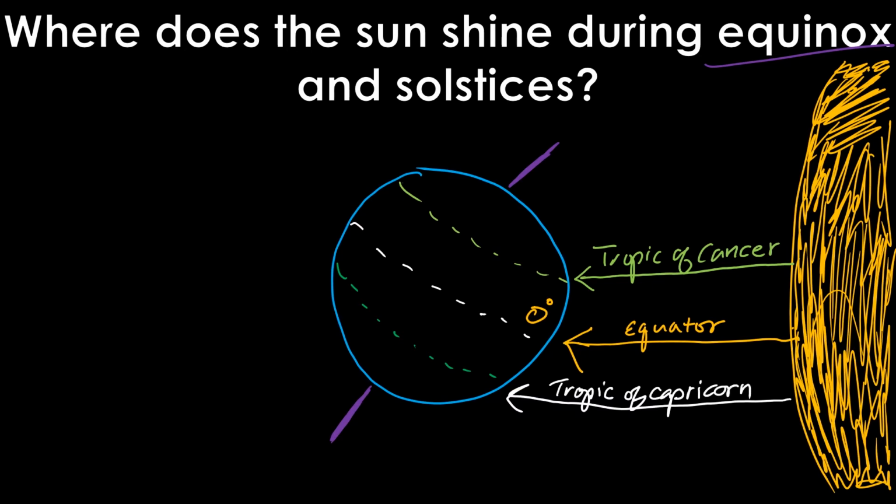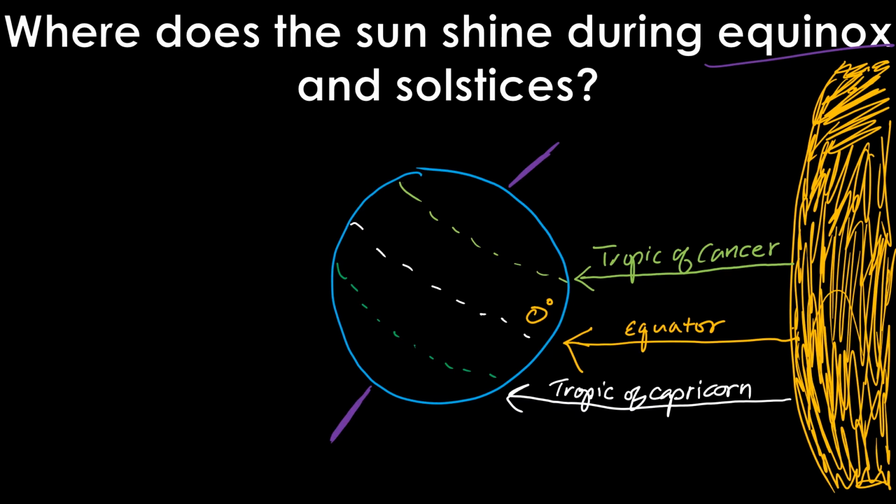What's really interesting about these two lines, the Tropic of Cancer and the Tropic of Capricorn, is that during the winter solstice you see the sun's shining directly on the southern hemisphere, and that's why the sun doesn't have as big of an arc in our sky.